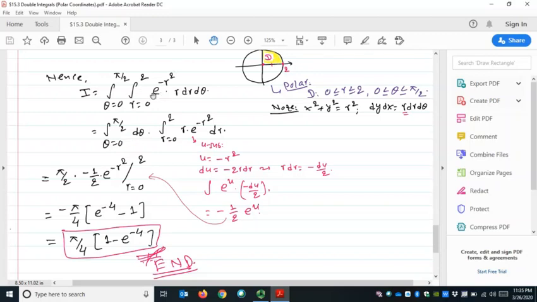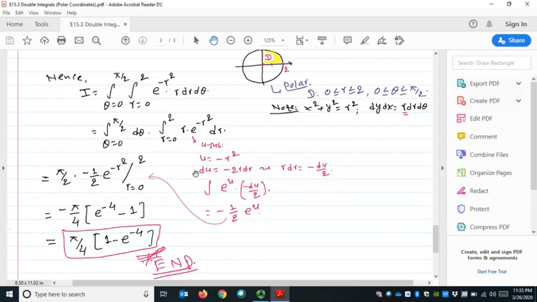And for the r integral, it's another good candidate for u-substitution. The r integral is r equals 0 to 2 of r times e to the power negative r square dr. Then put u equals minus r square, then its derivative is du equals negative 2r dr, so r dr equals minus du over 2.